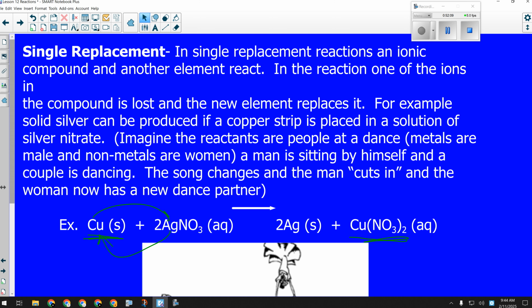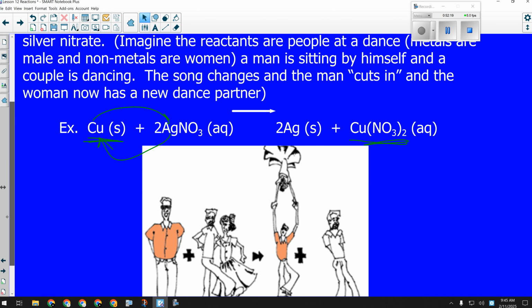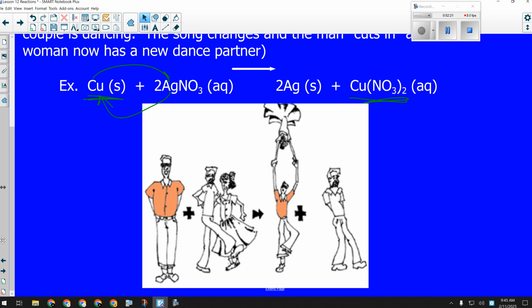I can't have that. Okay, the analogy we use, and don't take offense to this, chemistry is old-fashioned, is the dance partner thing. So in this example, copper is this guy who's by himself, and this is silver nitrate. This guy is silver, the girl is nitrate. After the reaction has occurred, it's still boy, girl.